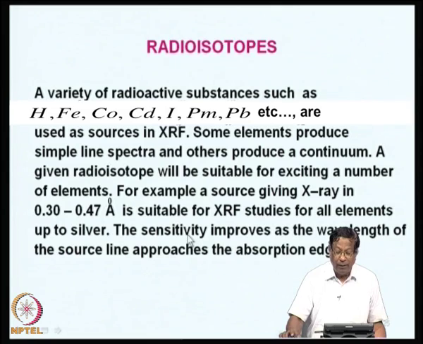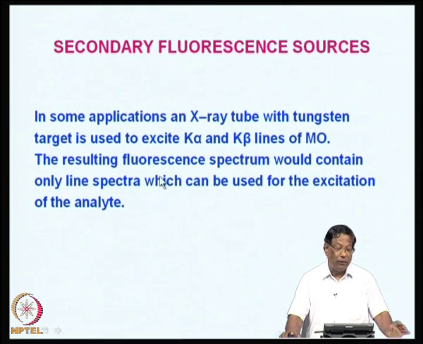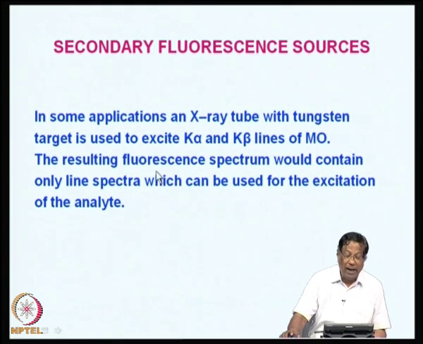The sensitivity improves as the wavelength of the source line approaches the absorption edge. Now, in some applications, an X-ray tube with a tungsten target is used to excite K alpha and K beta lines of molybdenum. The resulting fluorescence spectrum would also contain only a line spectrum, which can be used for the excitation of the analyte.